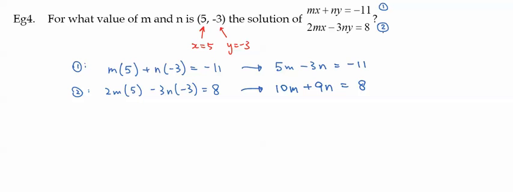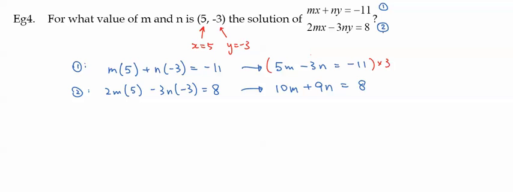Which one do you want to eliminate? M? Because it is a smaller value. You can choose to eliminate the n, but you would then multiply the first equation by 3. That will make numbers bigger. If you were to times it by 3 and change this to 9n, that will work.